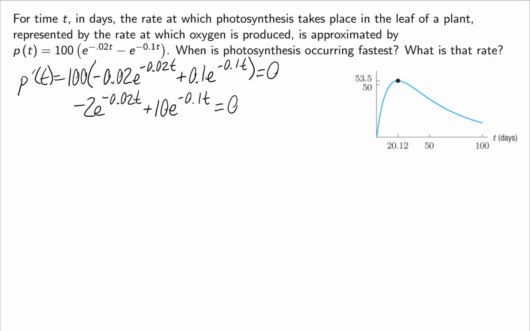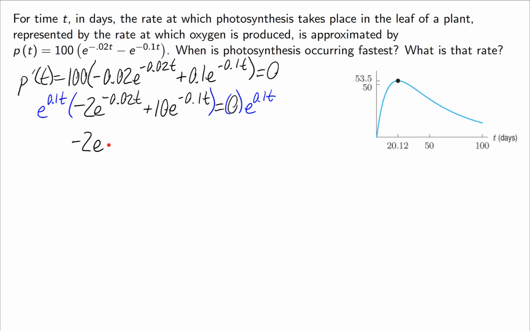What I'm going to do is multiply both sides by e to the 0.1 t. The reason for doing this is I'm trying to knock out the negative exponents. So by doing 0.1 t, you'll notice that's the larger of these two values, and that's very beneficial to us because then we'll be able to deal with positive powers. In addition, it will also make it so that only one e appears.